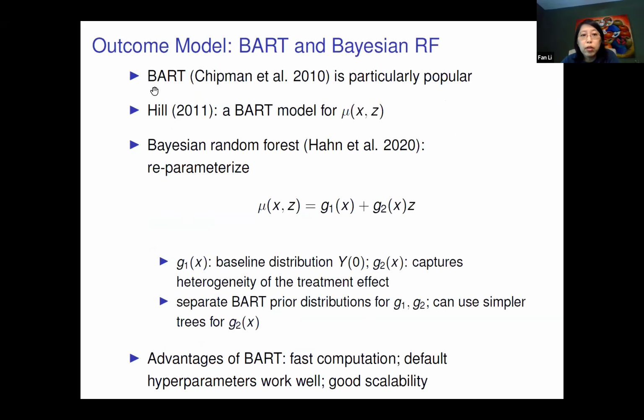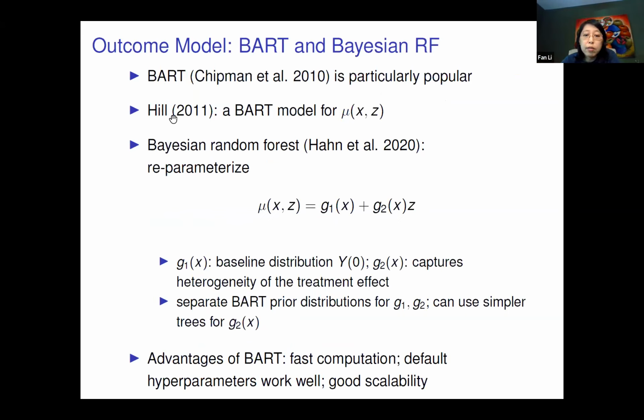So I want to particularly mention a little bit about BART. BART is kind of a Bayesian version of random forest. It's an ensemble of trees. And again, we're not gonna give the details. So Jennifer Hill in the 2011 paper was the first one actually to propose to use the BART model to build this, the S learner in this case, and then to use this to calculate CATE.